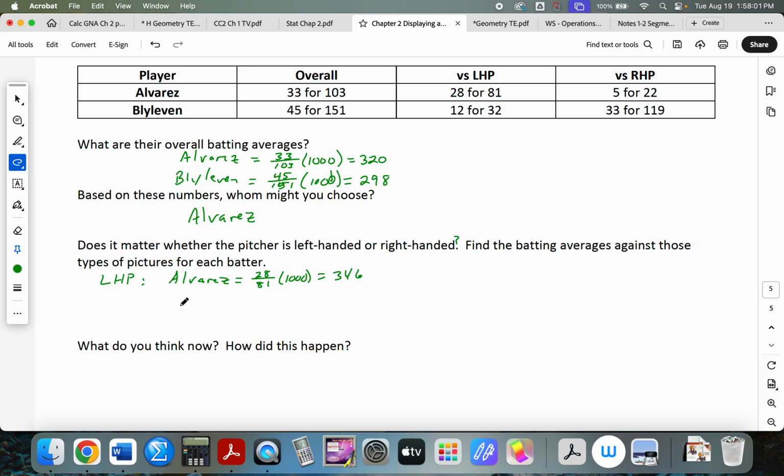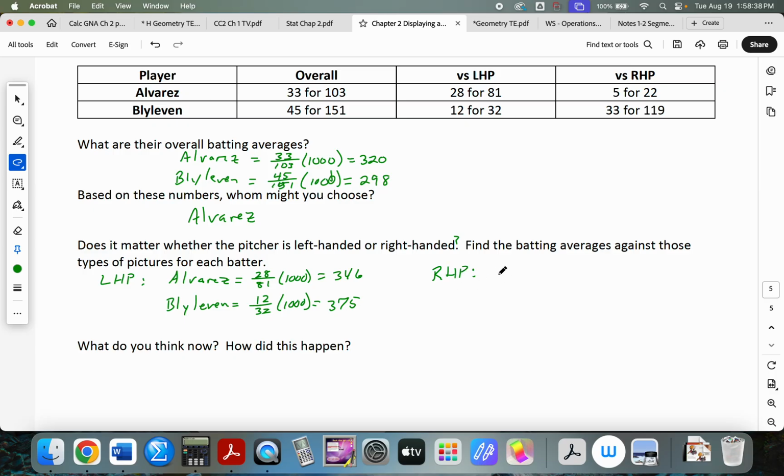That's pretty good. Let's see what Blyleven is hitting. He's 12 for 32. He's hitting .375. Oh. So if it's a left-handed pitcher, who might we want to pick? Blyleven.